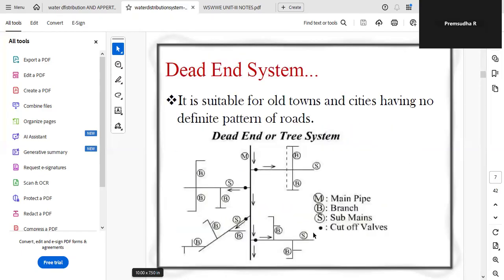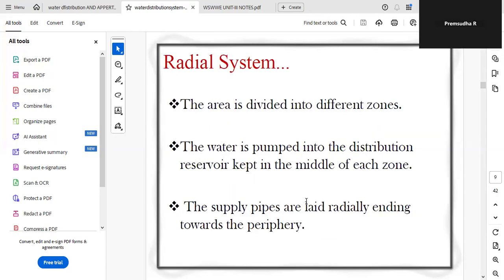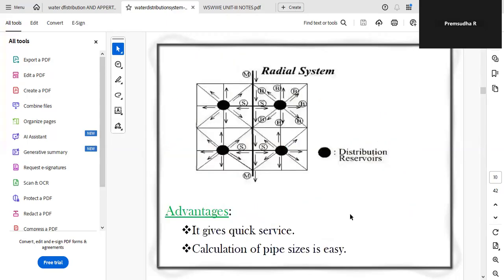So I hope you all understand this dead-end system or tree system. The radial system: the area is divided into different zones. The water is pumped into the distribution reservoir kept in the middle of each zone. The supply pipes are laid radially ending towards the periphery. Here you can see the radial system.